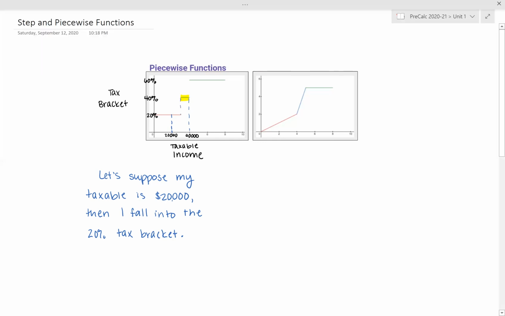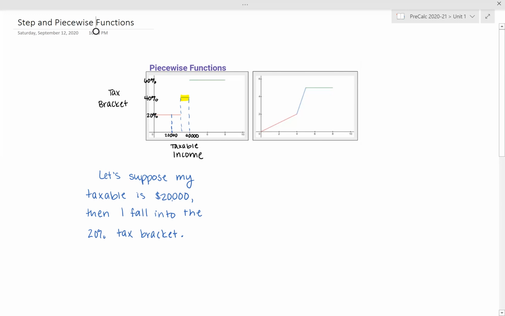We're going to estimate that at like 30,000. So only $10,000 of my income is paid at the 40% tax bracket. The other $30,000 I pay 20% on. Okay, so that's how I would read a piecewise function that looks like this in relation to these marginal tax rates.